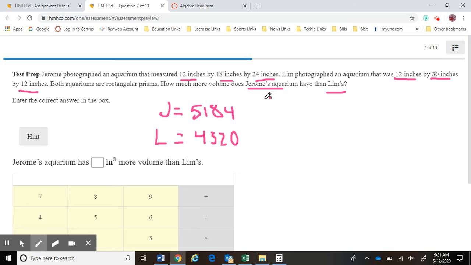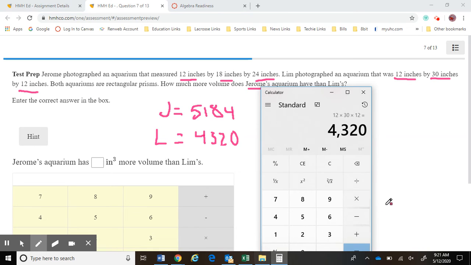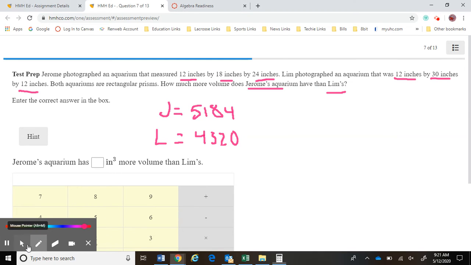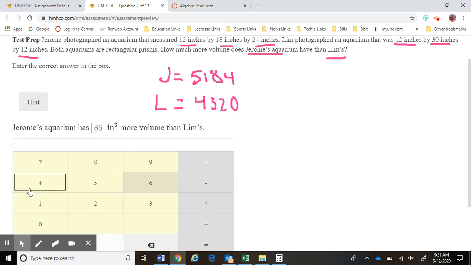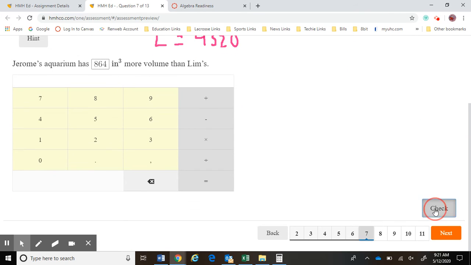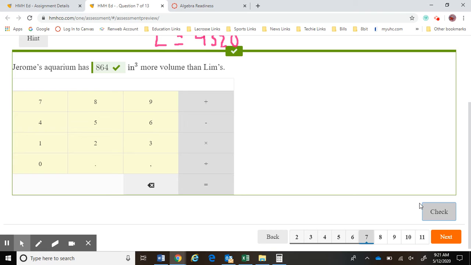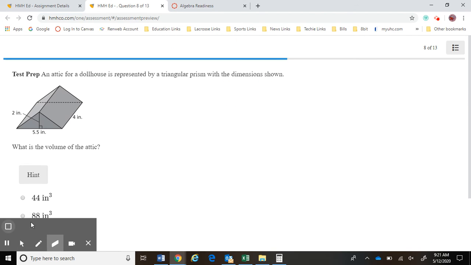All right, and I want to find the difference, because I want to find out how much more Jerome has. So 5,184 minus 4,320. 864 cubic inches. Okay, 864. Check it. We're good. All right, moving on. Clear my screen.